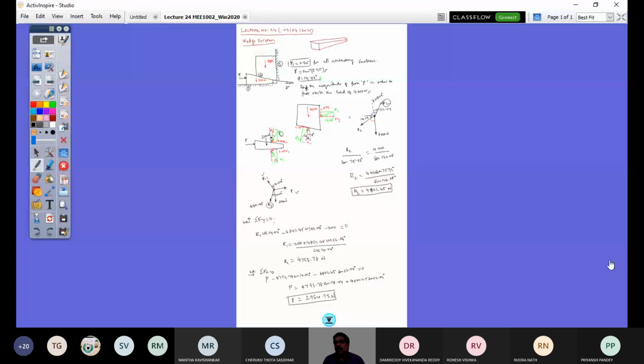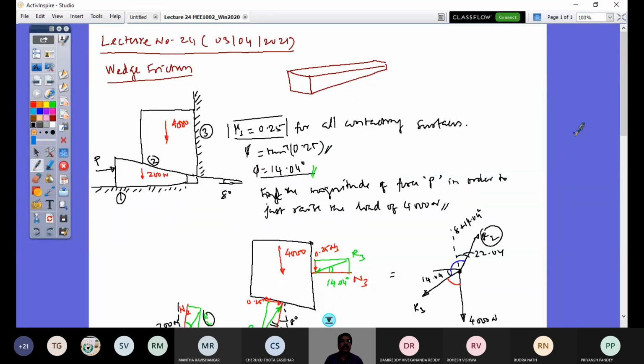Hope you are able to see this board, of lecture number 24, which was the last period. We solved a problem on wedge friction. A wedge is a machine element which can be used to lift or adjust a heavy load. Compared to the load, the weight of the wedge is very small or sometimes negligible, and you would be able to lift or adjust the load of 4000 Newton by a force P which is smaller than 4000 Newton, and it can hold this system.